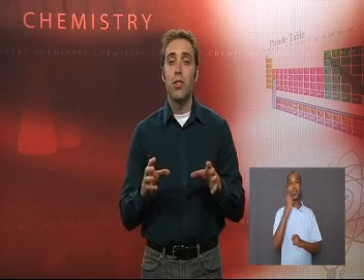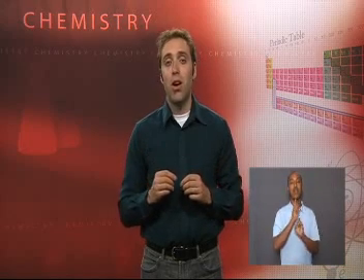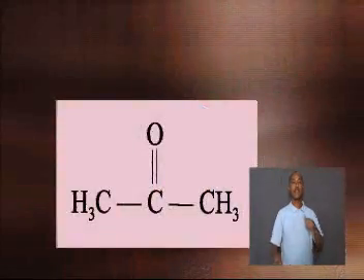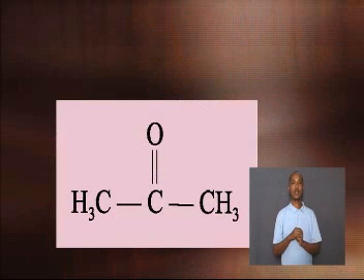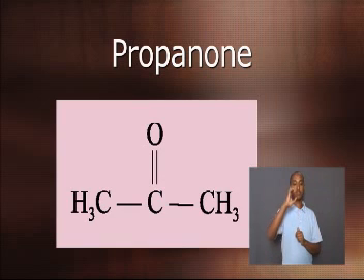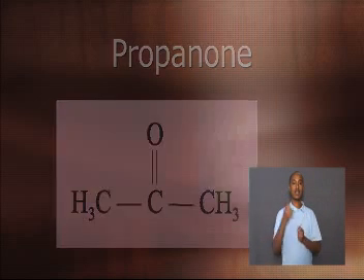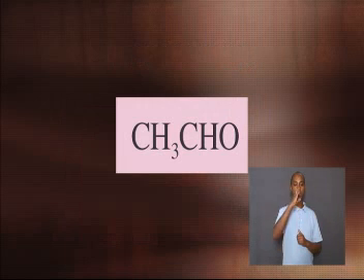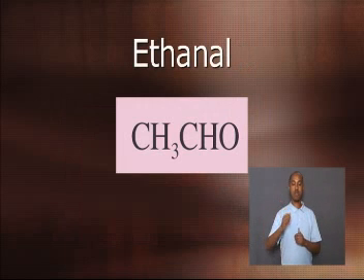Welcome back, students. Let us now identify the structures to see if your answers are correct. The first structure is propanone, which is a ketone. The second structure is ethanal, which is an aldehyde.